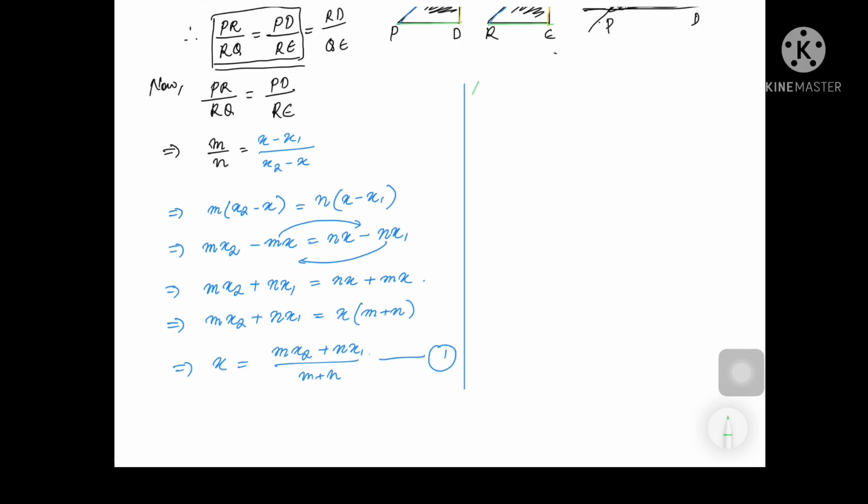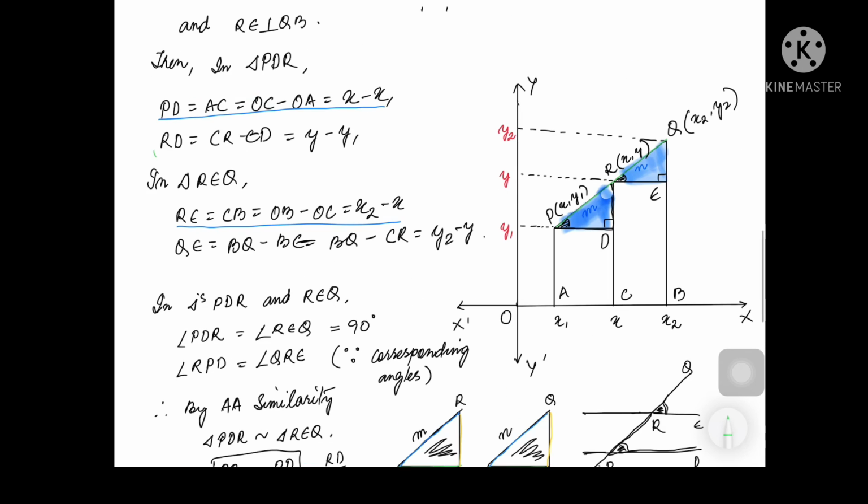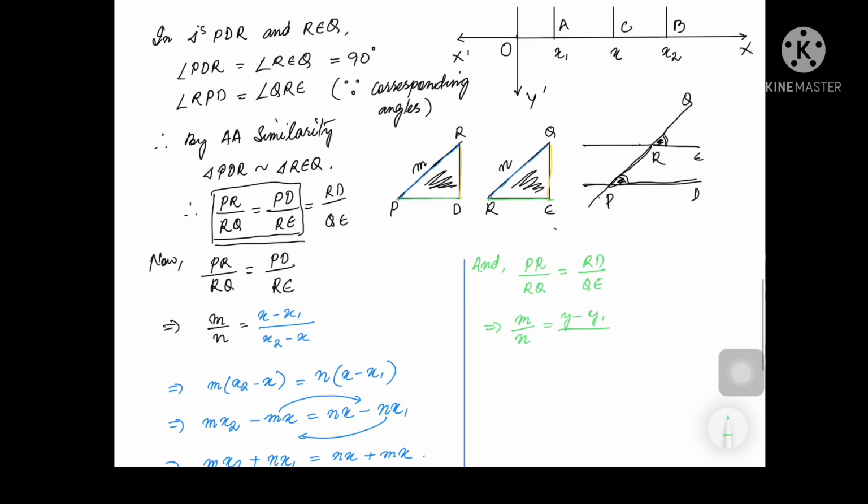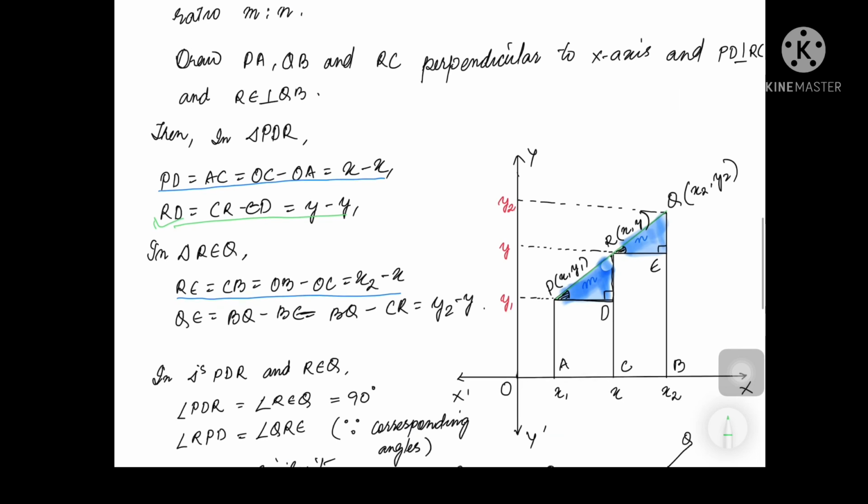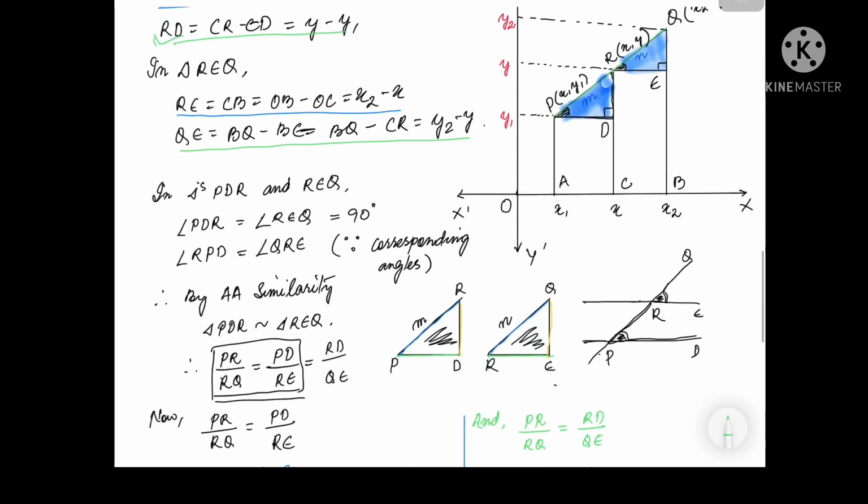In the same way, now consider PR by RQ equal to RD by QE. PR we know is m and RQ is n. Now what is RD? RD is equal to y minus y1, divided by QE, and QE is equal to y2 minus y.